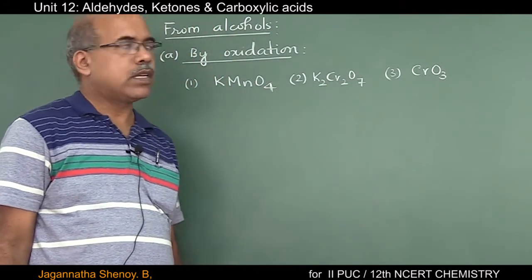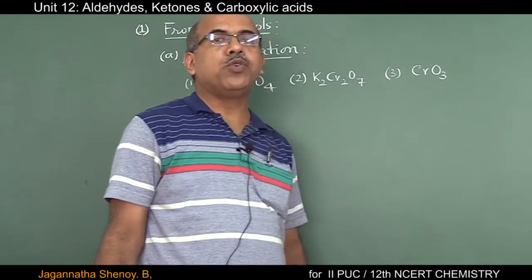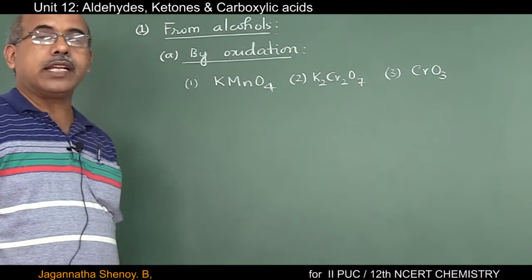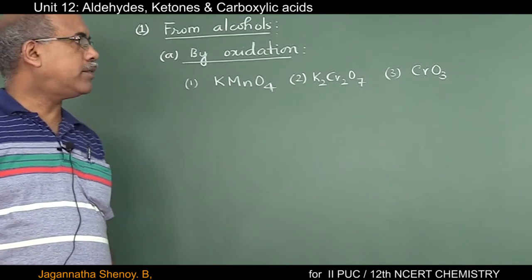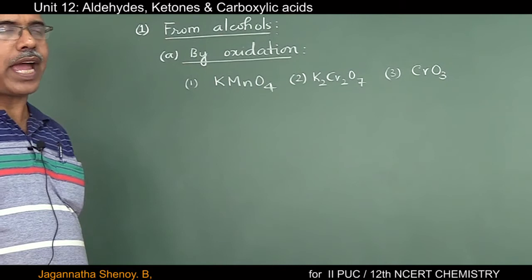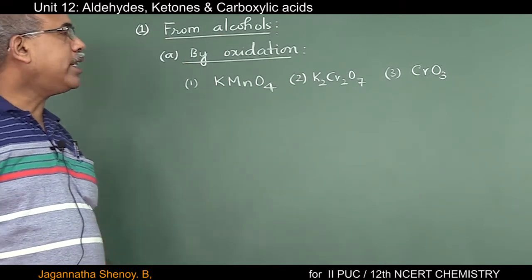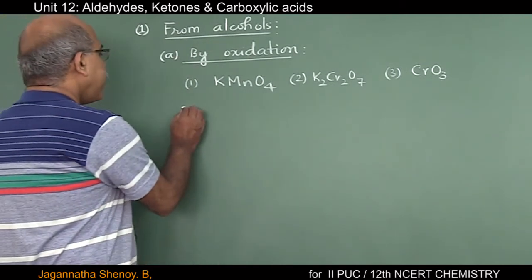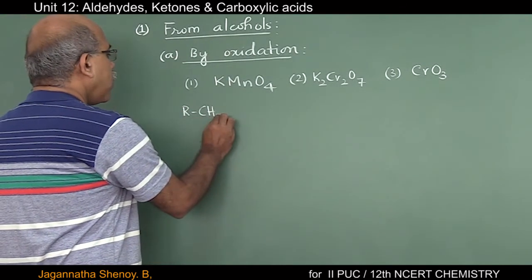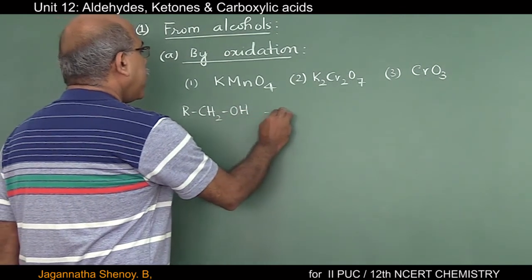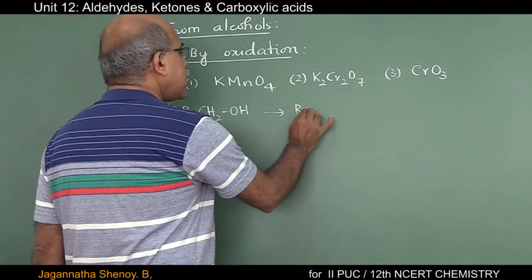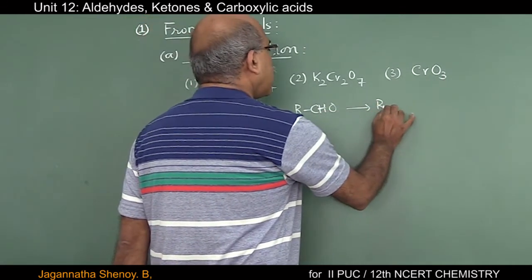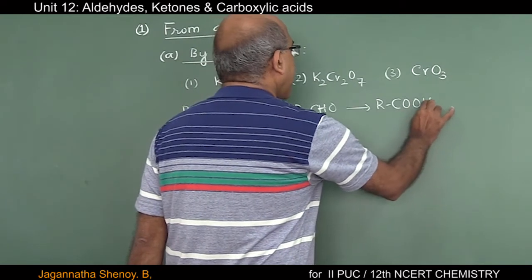In fact, chromic acid has to be used in aqueous medium to oxidize alcohol into aldehyde or subsequently to carboxylic acid. Now the important limitation of this reagent is that if I start from a primary alcohol, I've already told you initially it gets oxidized to aldehyde and subsequently it further undergoes oxidation to give carboxylic acid.